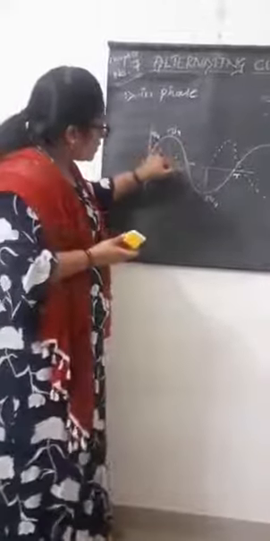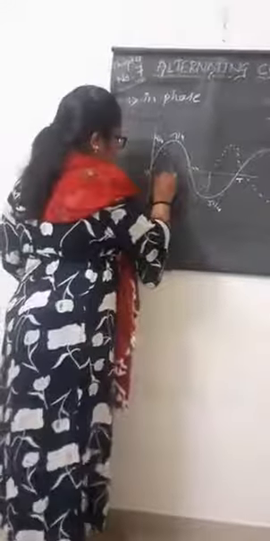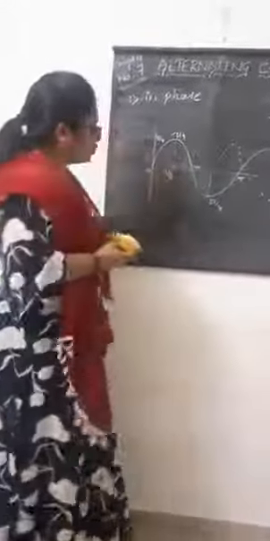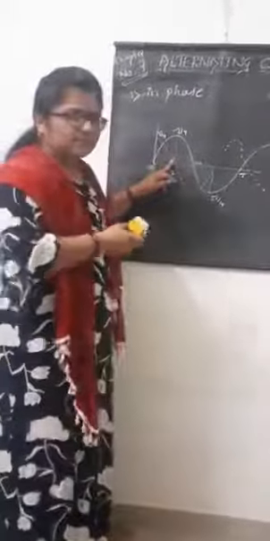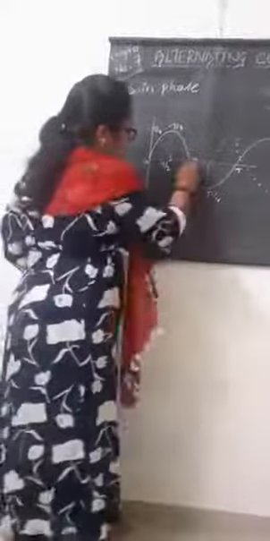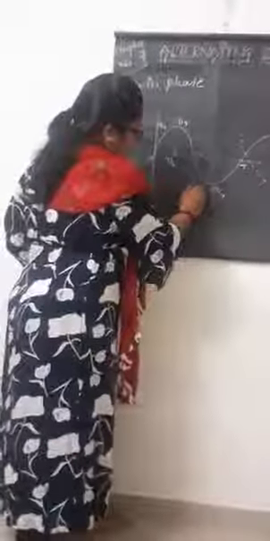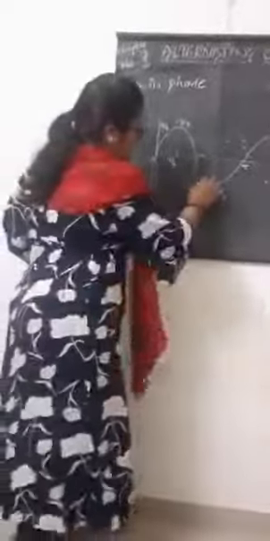Now you come here, what does it become? T by 2. So here it is T by 2, T by 4 distance is covered. One more, here it is 3T by 4. And here it is T. Understood?